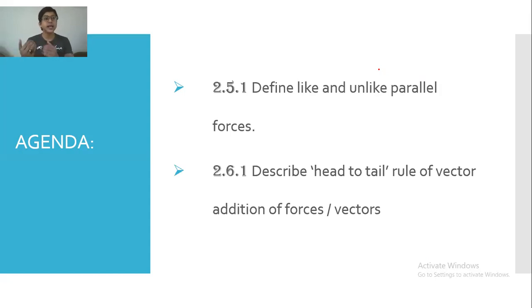Scalar quantities usually follow the rules of arithmetic whenever we add or subtract them, but the rules are different for the addition of vectors. So let's look at our first SLO first.